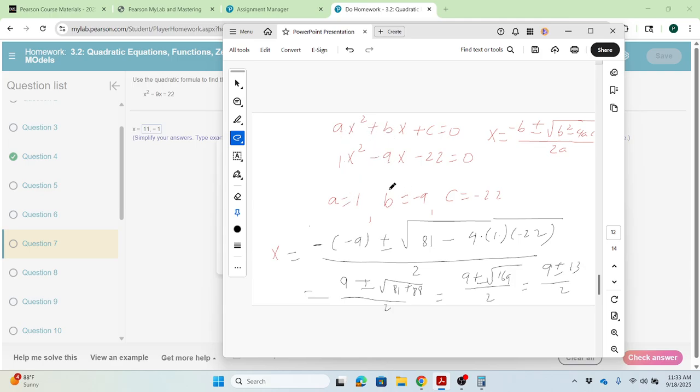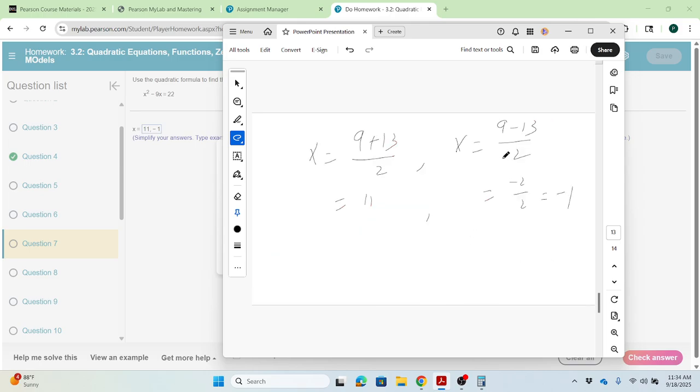A is 1, B is negative 9, C is negative 22. So negative B plus or minus, minus is plus. B squared, which is 81, minus 4 times A times C. 22 times 4 is 88. 81 plus 88 is 169, so 9 plus or minus 13. 13 plus 9 is 22 divided by 2 is 11. 9 minus 13 is minus 4.